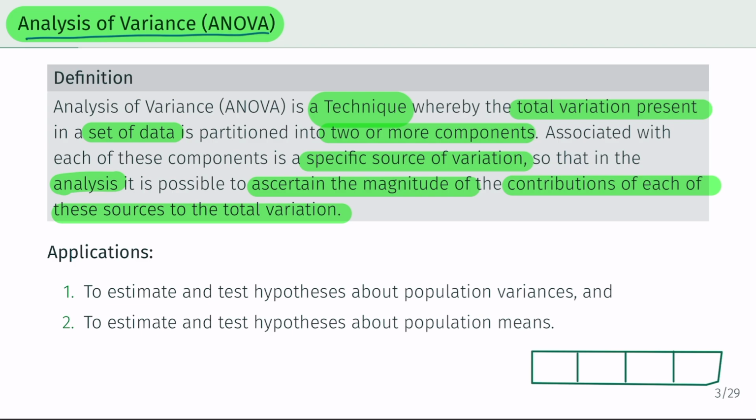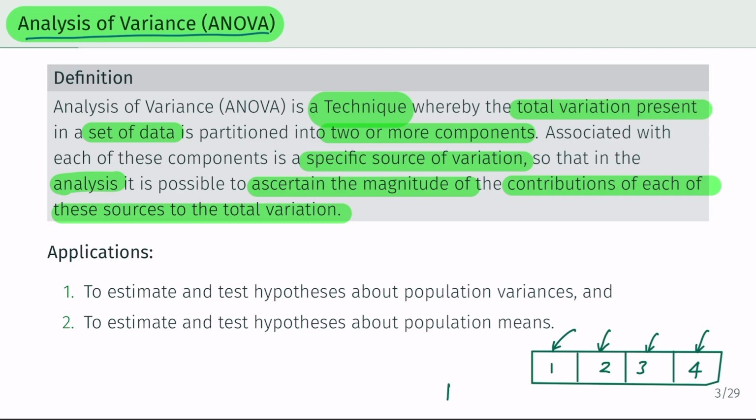Let's say I have four different components. What we want to know is how much each of these contributes to the total variation: how much is component 1 contributing, how much is 2, how much is 3, and how much is 4. This is the best example for understanding how ANOVA works.